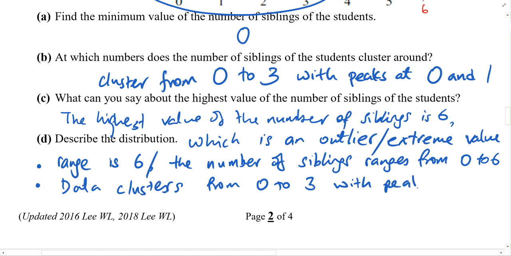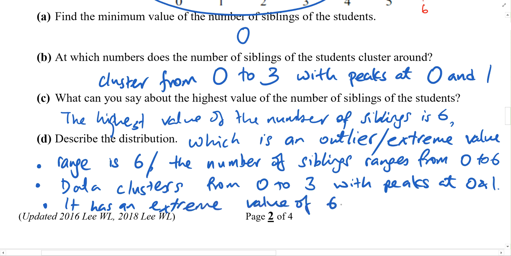Basically, I'm just repeating myself. And the last point, it has an extreme value of 6. Straightforward. So now let's go to exercise number 3.